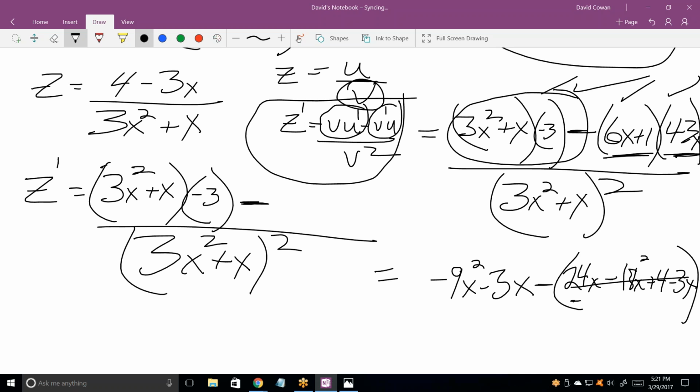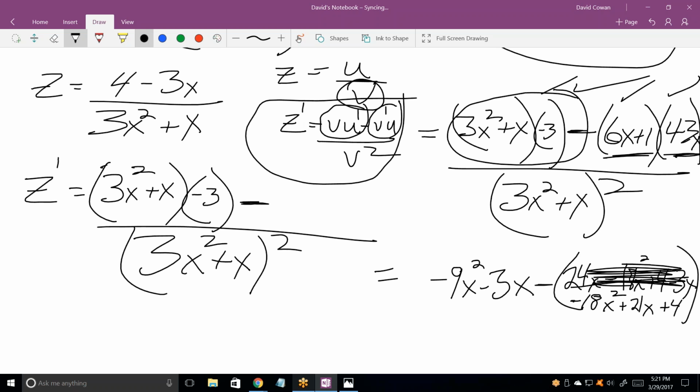Is that minus? No, that's a plus. I don't know how I got a minus. That's a plus. In other words, 6x times minus 3x is minus 18x squared. I had it right. And then it's plus 24x minus 3x, so we got a net 21x inside of our parentheses, plus 4. Okay? So that's what that simplifies to.